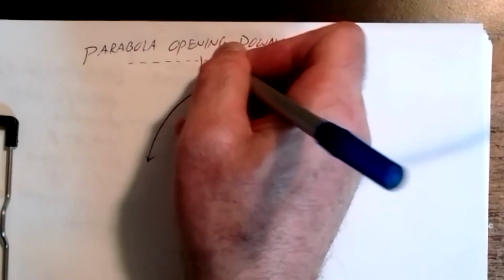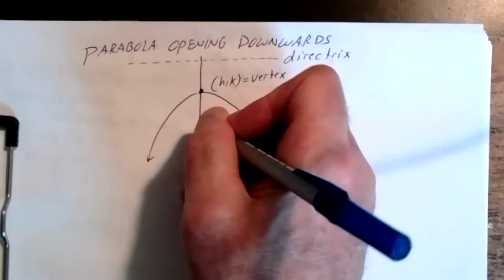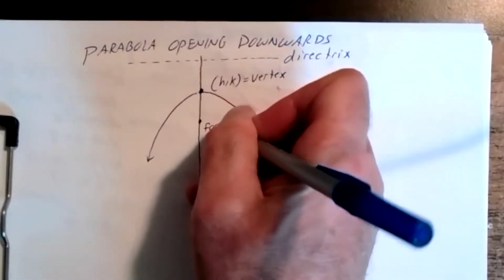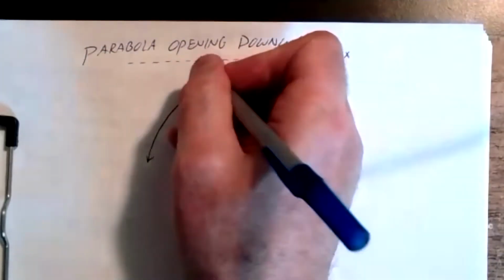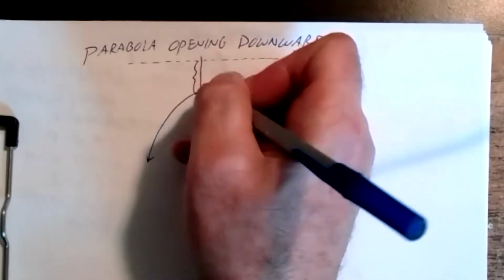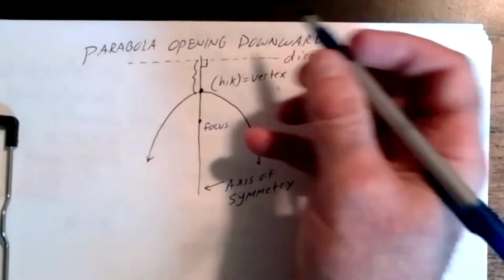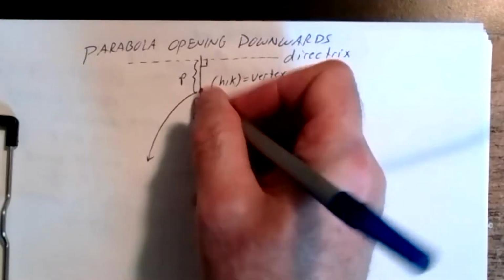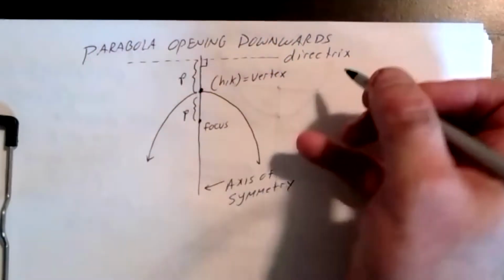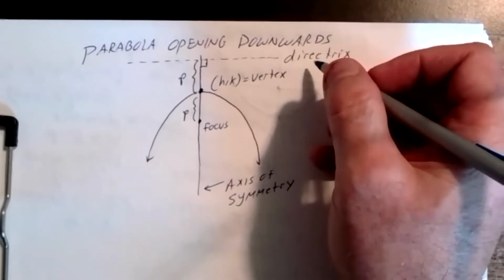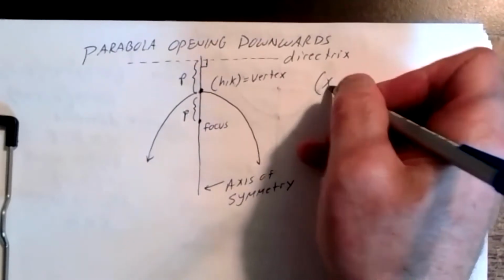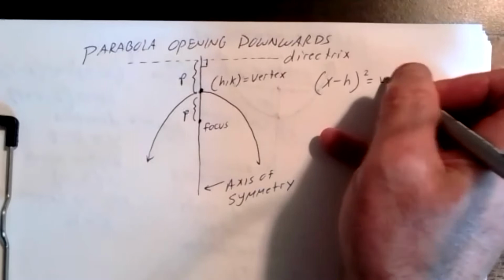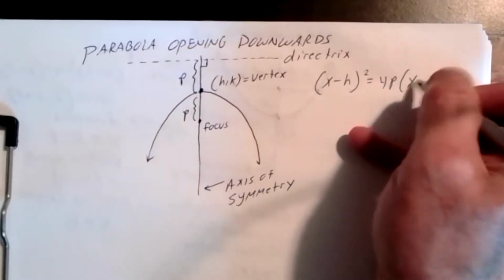It would be horizontal. Got a focal point here, focus. This distance, the perpendicular distance between the vertex point and the directrix, is that number P. That's also the distance between the focal point and the vertex point, P. The standard form equation for a parabola that opens downwards is (x minus h) squared equals 4p times (y minus k).